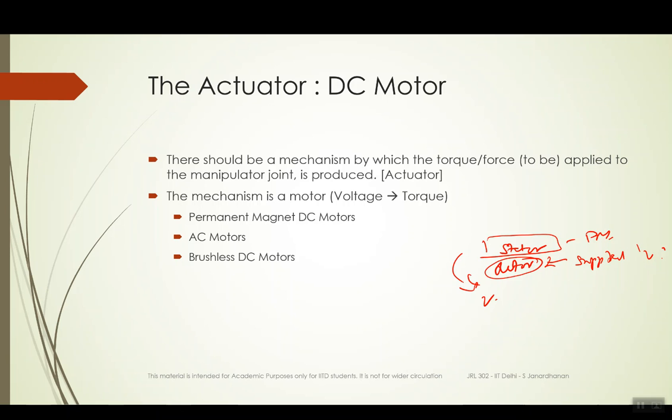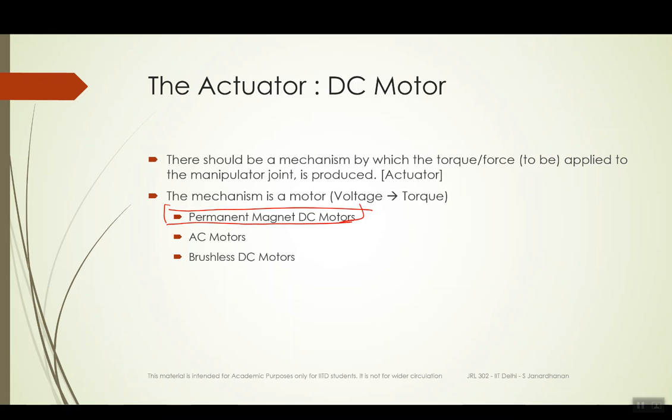You can have the supply being AC, you can have AC motors also. But for the purpose of this lecture, we are only considering the simplest case of a permanent magnet DC motor, where the stator is a permanent magnet and the rotor is supplied by a voltage V.